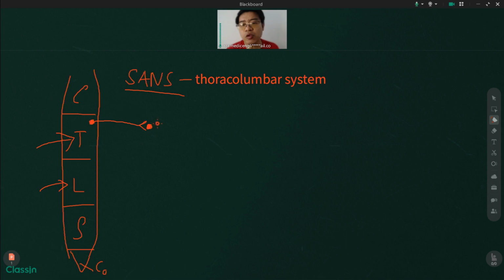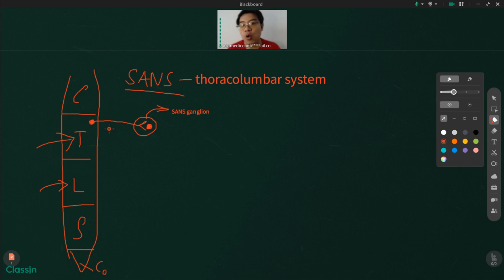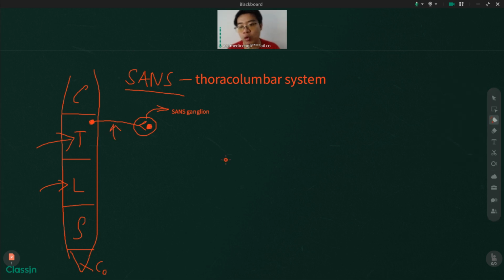Where these two synapse, there is basically a ganglion, a sympathetic ganglion, also called SANS ganglion. Because of that, what do you think this fiber should be called? Yes, it should be called a preganglionic neuron.